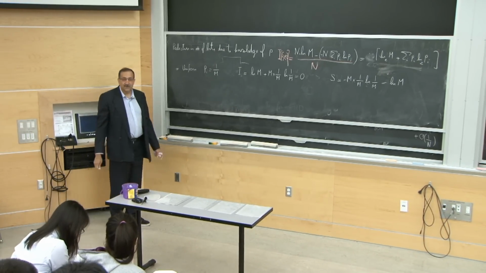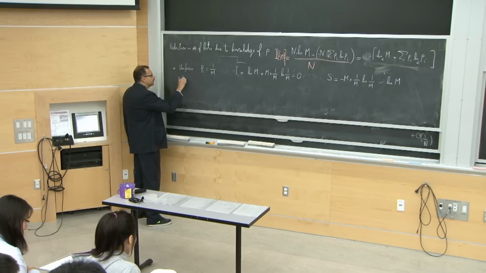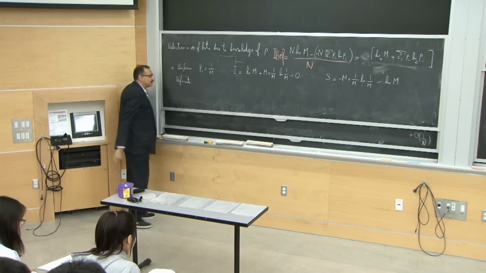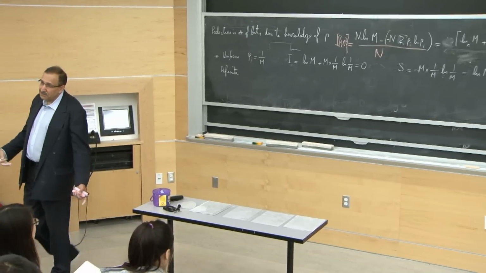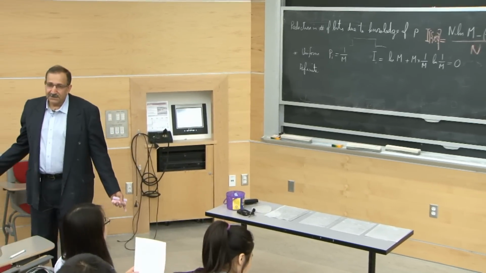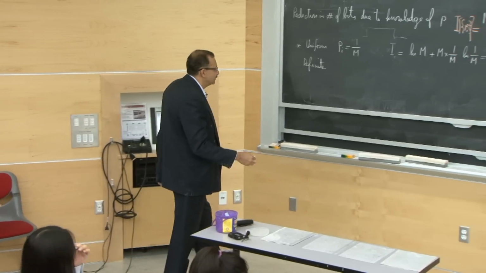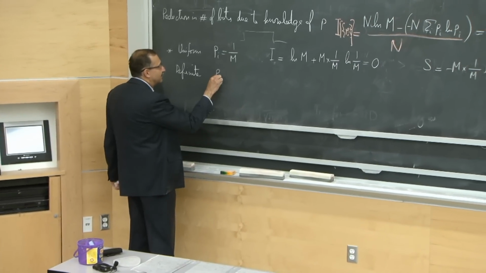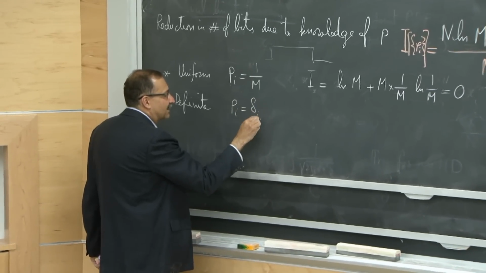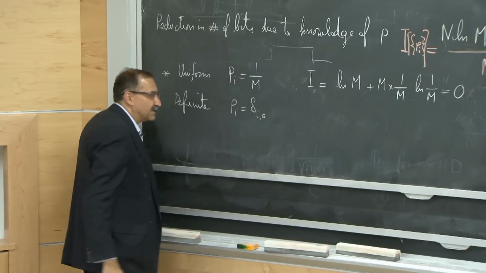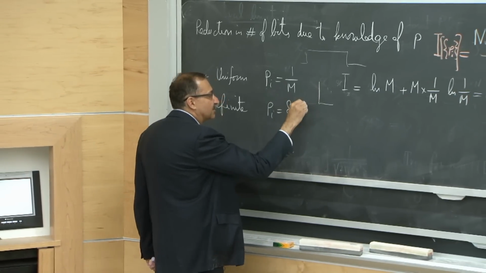The other extreme would be where you have a definite result. You have a coin that always gives you heads. And if the other person knows that, you don't need to send any information. No matter what, 1,000 times, it will be 1,000 heads. So here, p_i is a delta function. Let's say i equals 5 or whatever number it is. So one of the variables in the list carries all the probability.